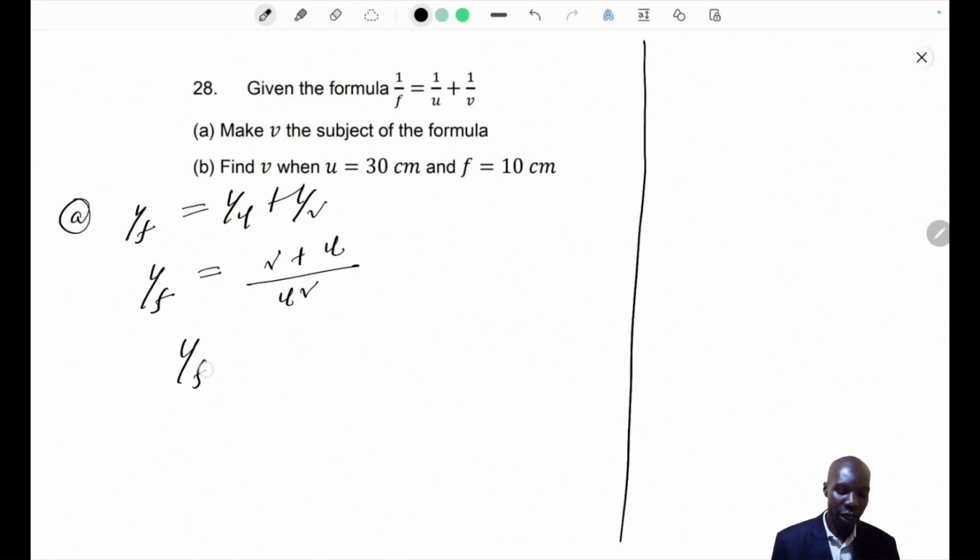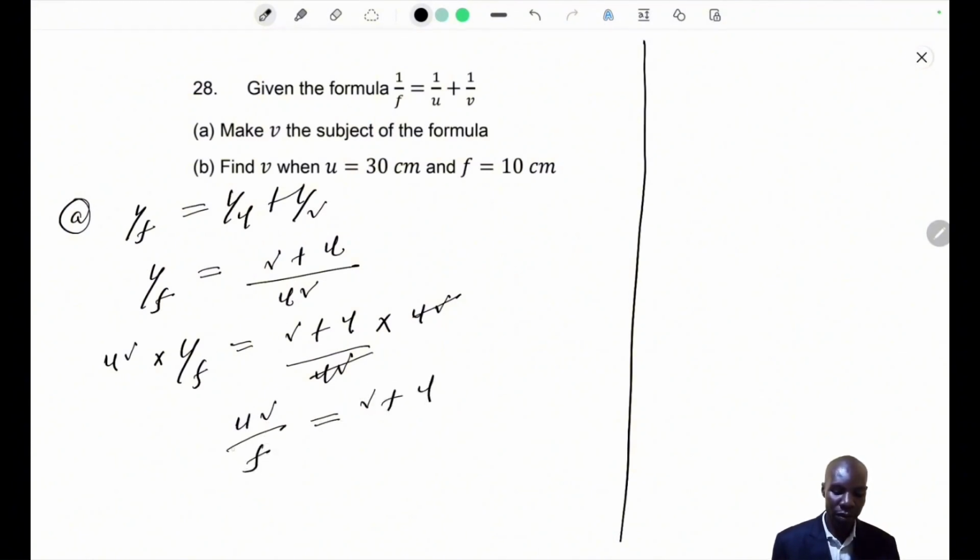So 1 over f equals v plus u over uv. So if we cross multiply both sides by uv, so this will cancel out. So we'll have uv over f equals v plus u.